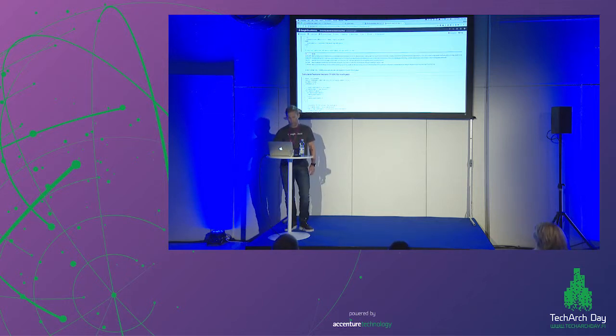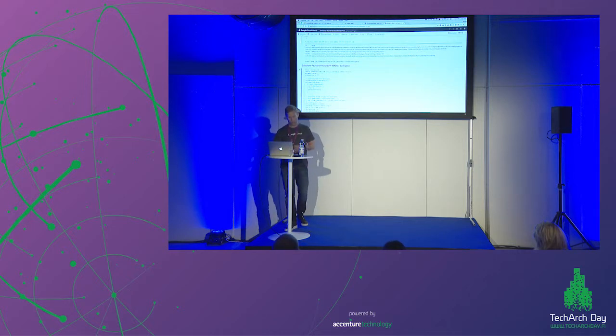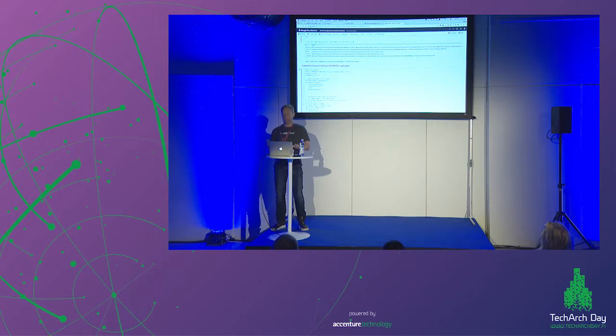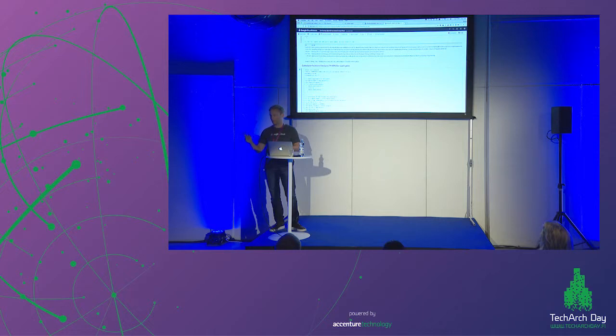Okay? Then we want to calculate the feature vectors, the TF-IDF, which is an algorithm for term frequency, inverse document frequency, or something like that. It will determine how important a word is, but not in the context of the document itself, but in the context of all the documents in the corpus.